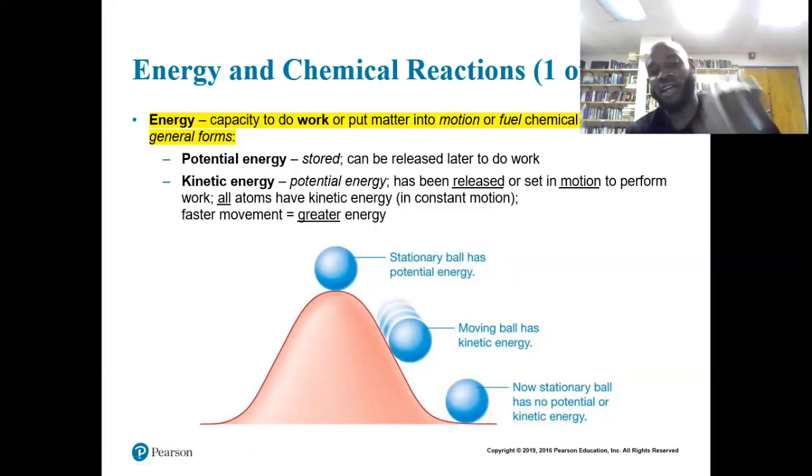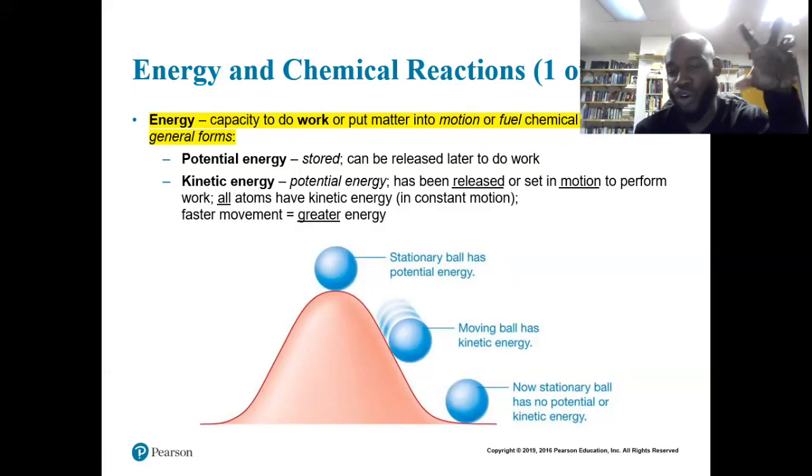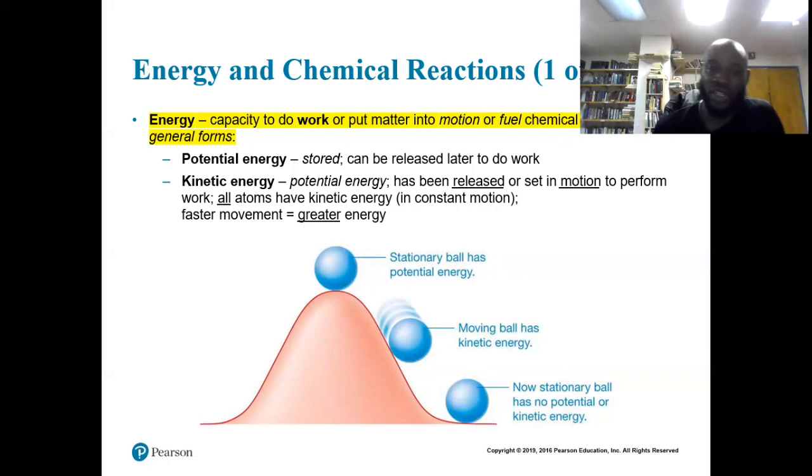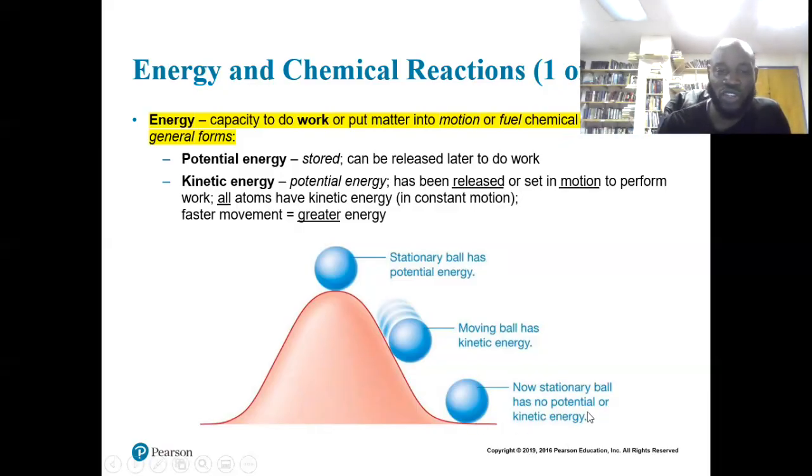So once this ball is let go and it rolls down this hill, all the potential energy is converted into kinetic energy. The ball picks up speed and goes really fast, and then it slows down and stops. And then at the bottom, it has no potential or kinetic energy because it has no reason to move.